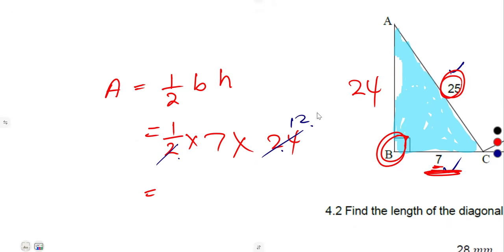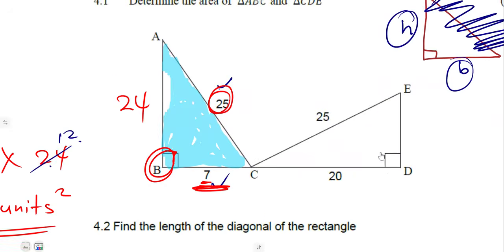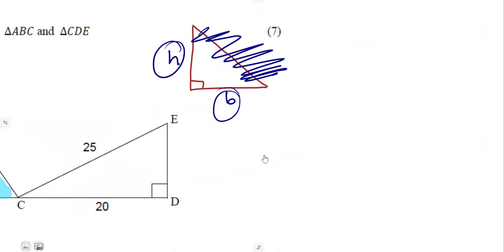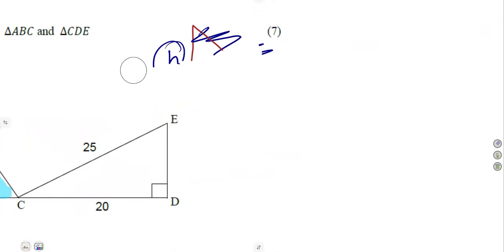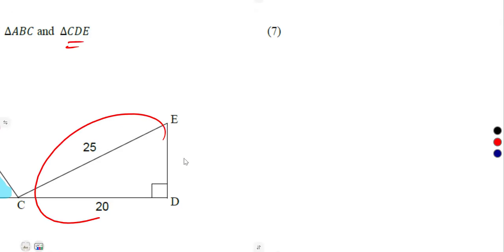Then 12 times 7 is going to give us 84. So that's 84 square units. We are talking about area measured in square units. So that is for triangle ABC. With the same concept, same understanding, you can do the same thing for the triangle CDE that is remaining here, as we do not have what?